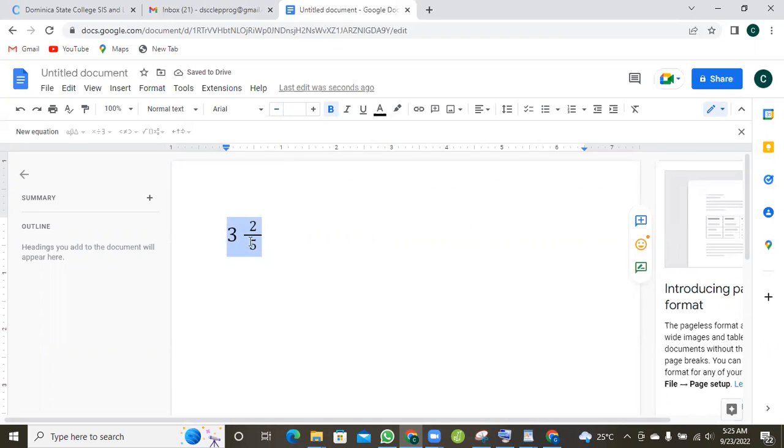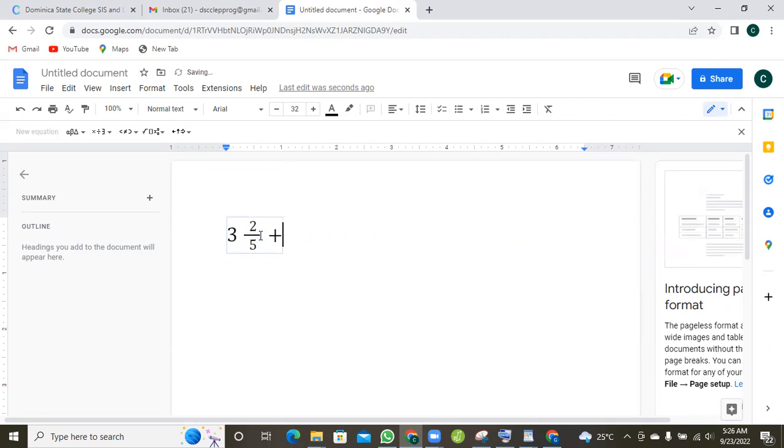And copy this. Plus 1 and 3/7, for example. So basically what you do now, you have to be aware that when you read this mixed number, you say 3 and 2/5.